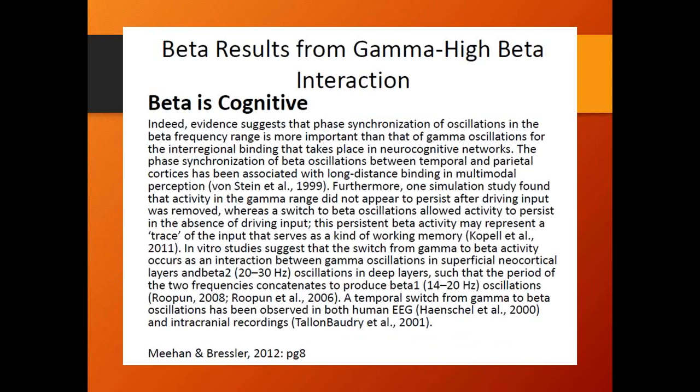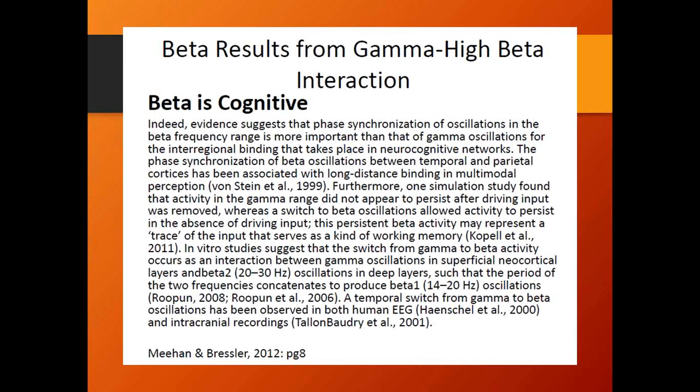I'd like to bring this up, which is very important for our understanding and not too hard to grasp. It says, evidence suggests that phase synchronization of oscillations in the beta range is more important than of gamma oscillations for the interregional binding that takes place in neurocognitive networks.